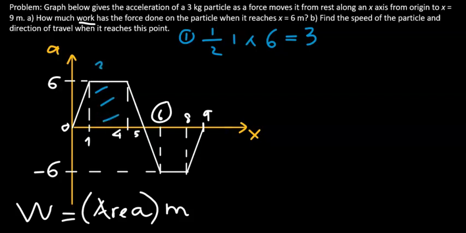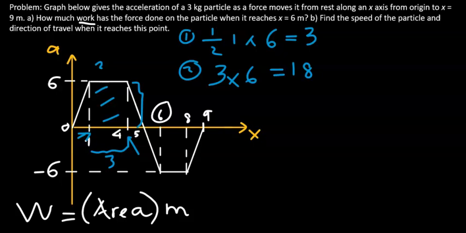Let's call this area 2. The area of a rectangle is pretty simple. This length, which is 3, because this is x equals 4, that is x equals 1, so this has got to be 3. Multiply with this length, which we know is 6, so that is 18.